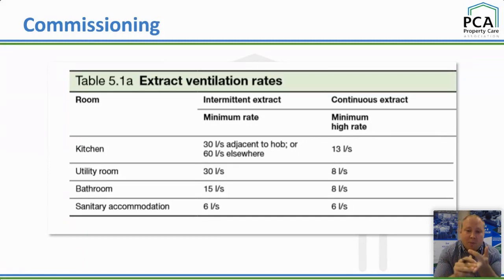They need to be a Part P competent person to be able to do the electrics, but they also need to be a competent person for Part F. So someone that can commission a ventilation system, and there are schemes through BPEC, I think NAPIT have one, EIC, a competent person for ventilation, not just electrics.